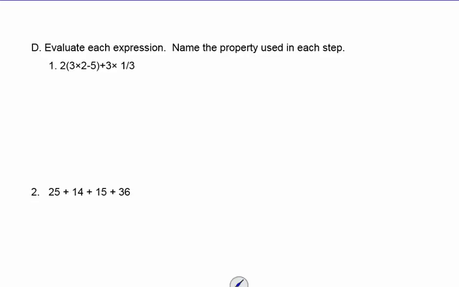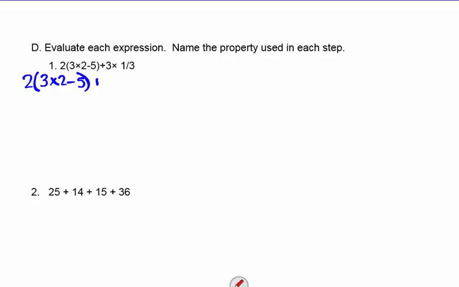All right, we're going to evaluate each expression. We're going to name the property used in each step. I believe these are filled out in your notes. I may not use the exact same steps or methods as are filled out in your notes, but you should be able to pinpoint which step I did first. 2 times the quantity, 3 times 1/3, plus 2 minus 5 plus 1.